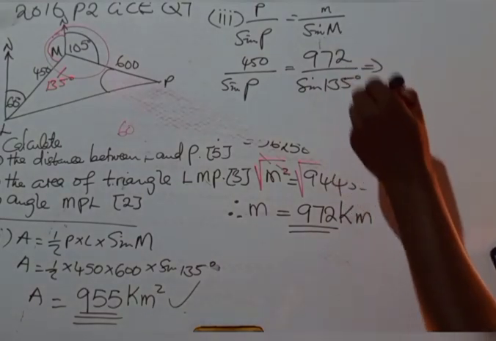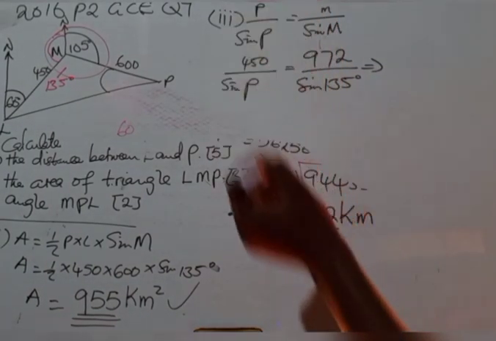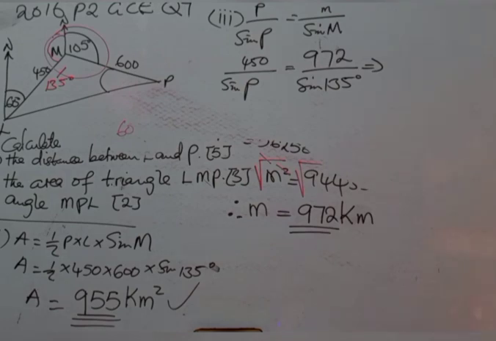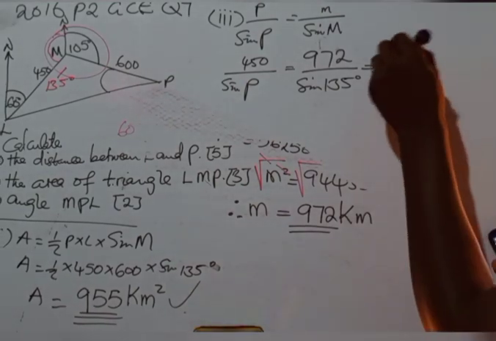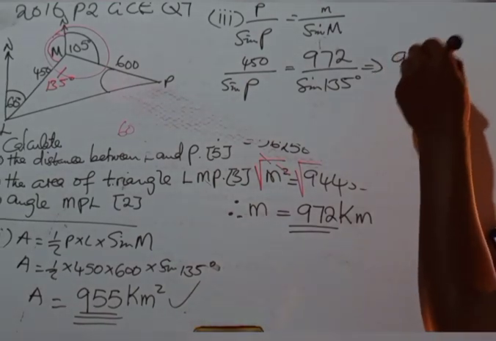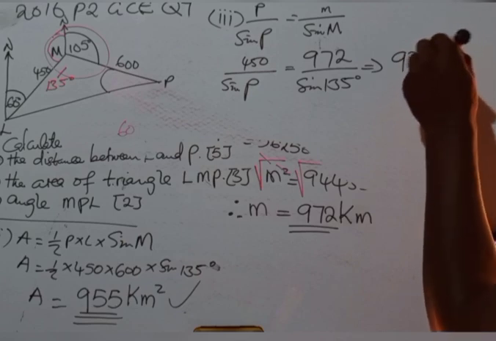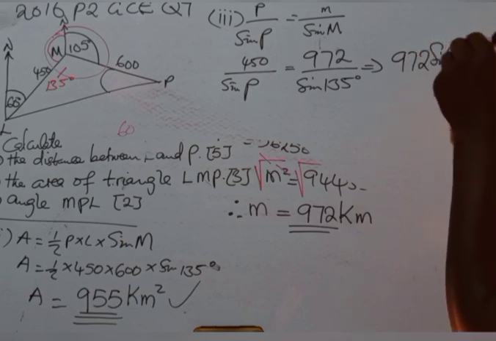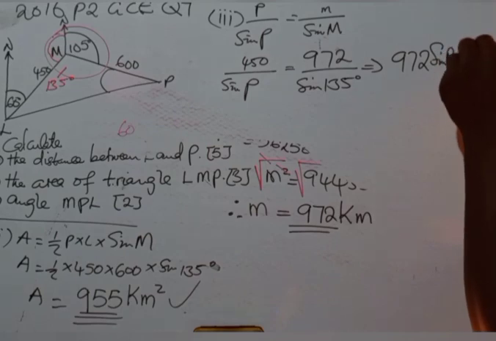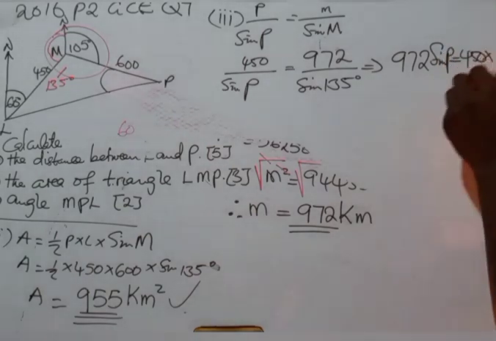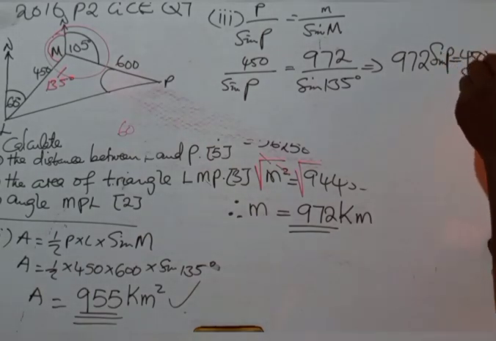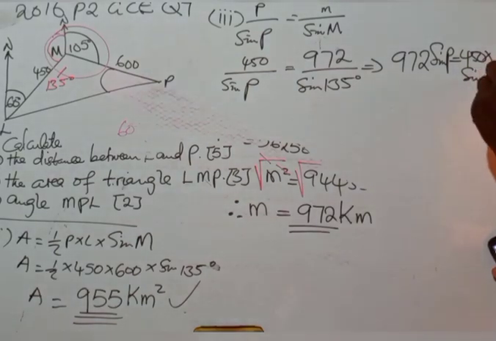So we'll now cross multiply and find the value. We have 972 sine p is equal to 450 multiplied by sine 135.